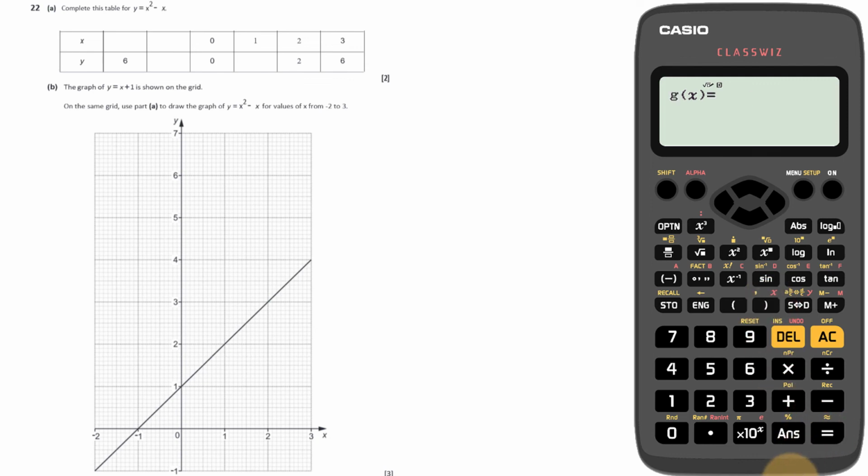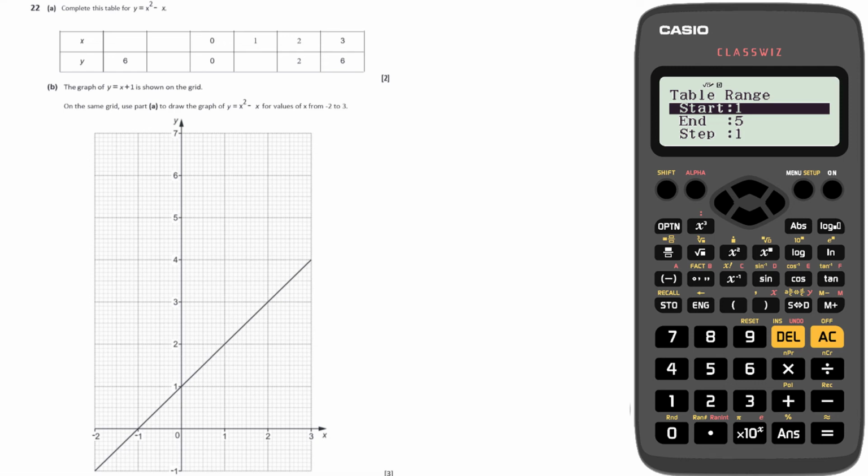Press enter. You're going to get g of x appear. Now we've only got one function to type in this time, so we can leave that one blank for now. And then press enter again. Then the start value is going to be, well, either look at the table. If it gives you an x value, fine.